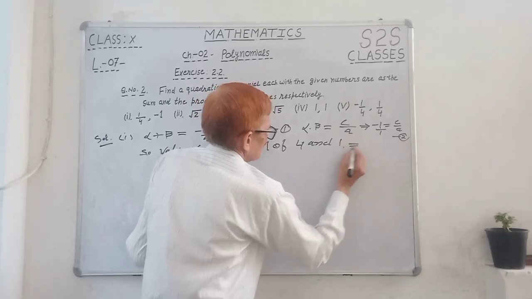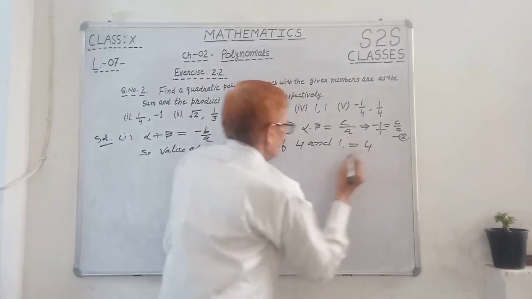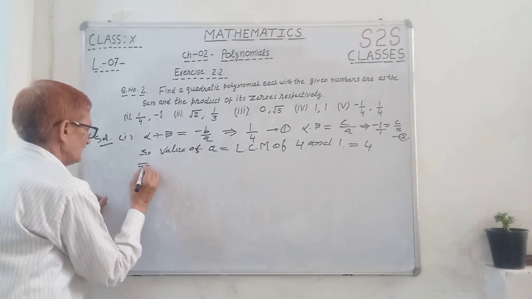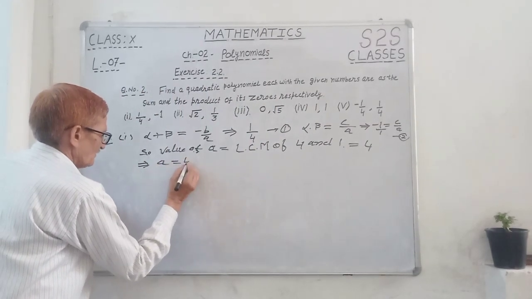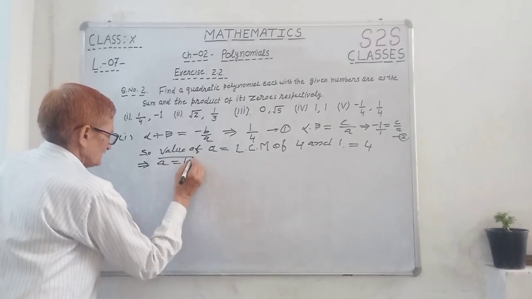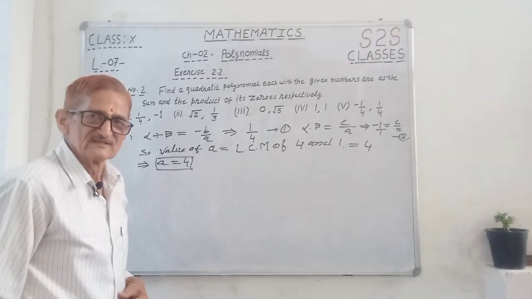The LCM is 4. So the value of A is equal to 4. This implies A is equal to 4. This is one method to find the value of A always.